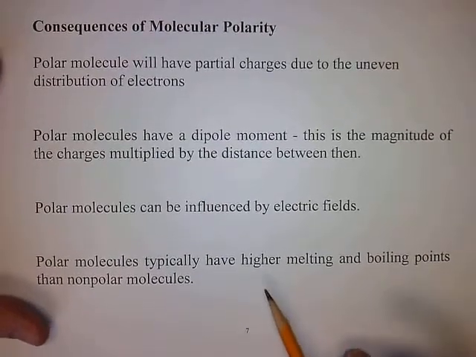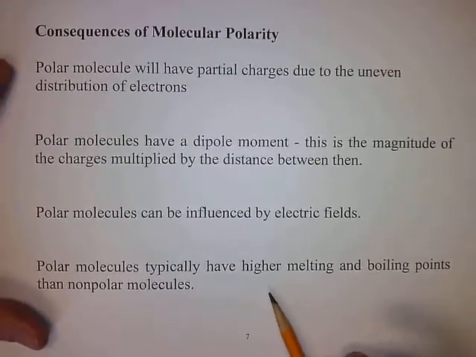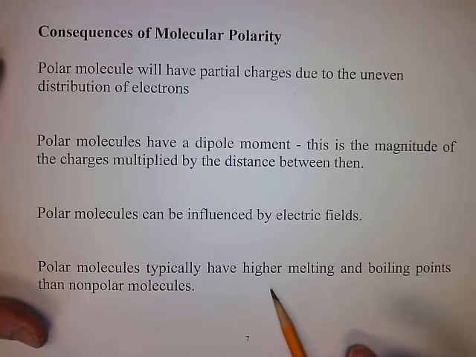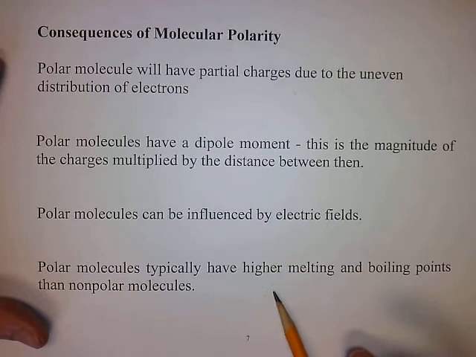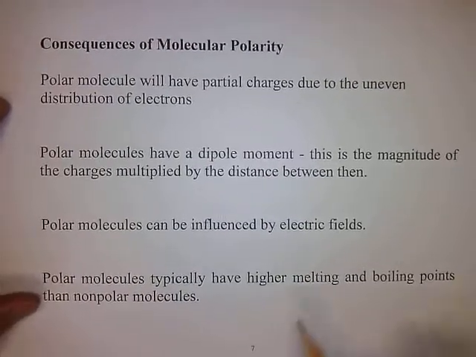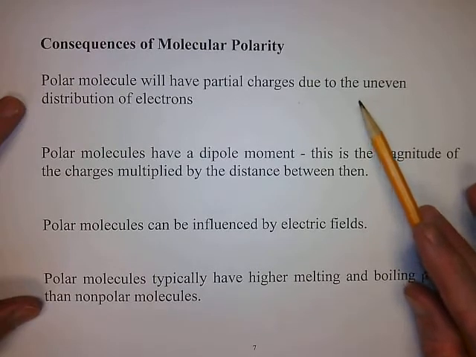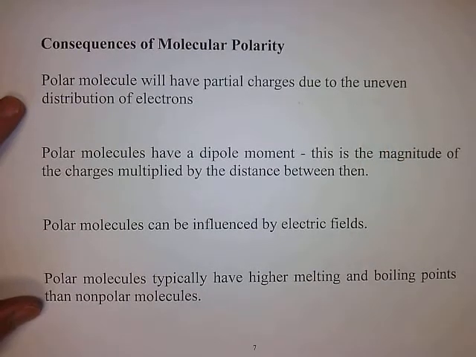And last, and possibly most important for our purposes here, polar molecules typically have higher melting and boiling points. And this goes back to our first statement up here. They will have partial charges due to the uneven distributions.